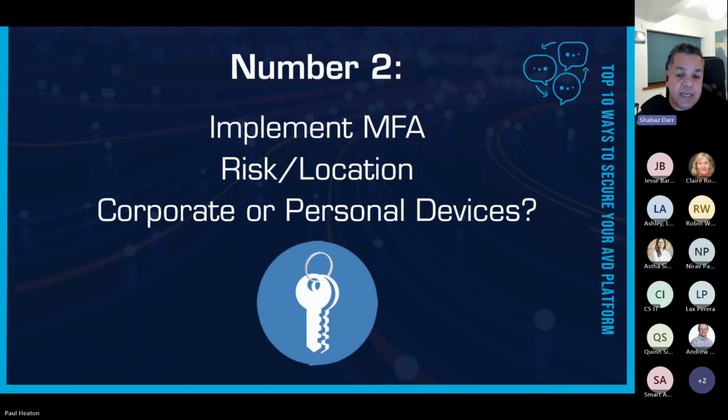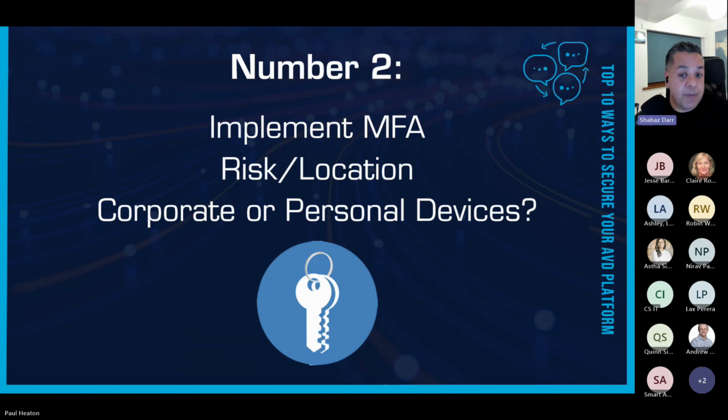You also need to decide: are you going to allow access from only corporate devices, or are you going to allow users from personal devices? Now, my own experience and opinion is that you should allow access to AVD from personal devices, but there are other things you can do to protect your data, for example. And I know people will be thinking, well, if we allow personal devices to access AVD, then what if people download data, or we're risking losing data, and it could be a security breach that way.